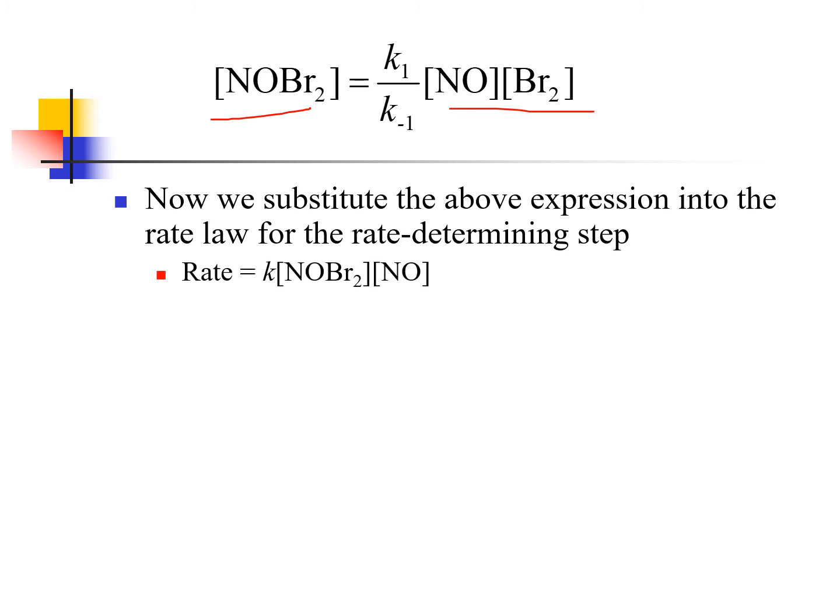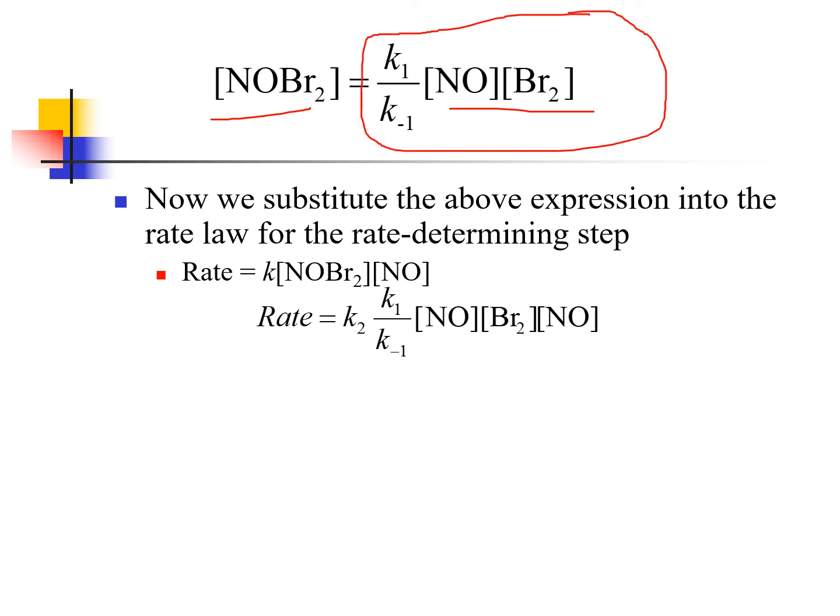So there's that. That's what the rate law would be for step 2. Instead of NOBr2, I plug in this mess here. Now notice I have this whole mess of K's. It's a constant times a constant over a constant, which means it's a constant. The actual values don't matter. It's just all one messy constant. And then I have 2 of the NOs, so NO squared.